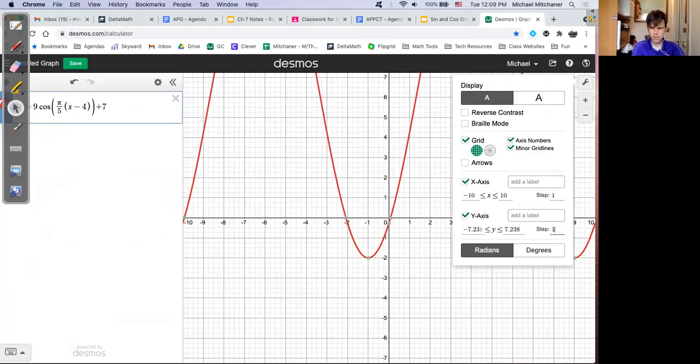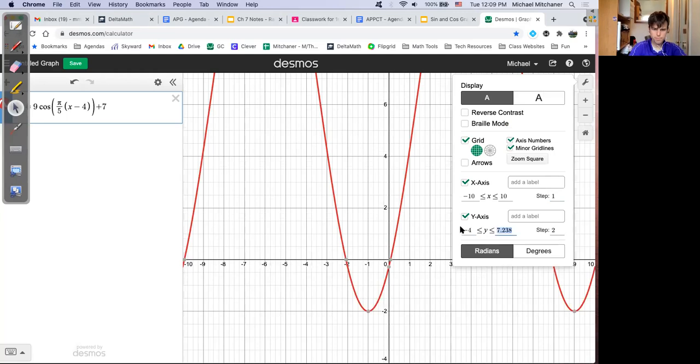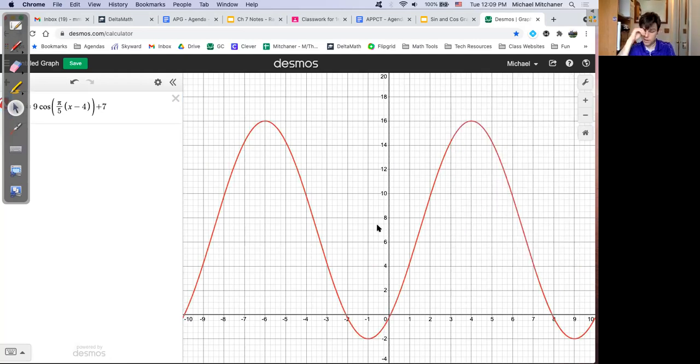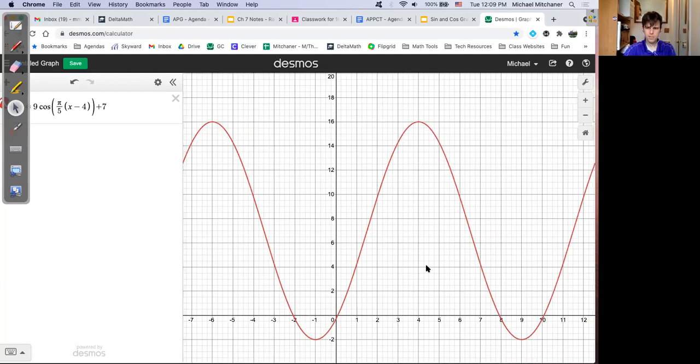I'm going to count by ones on one axis, count by 2 on the other, and go from, I don't know, -4 to 20. I want to make sure it's in radians. It does default to radians, but if you change it for some reason, make sure it's there. You could zoom out until you get there, but it's useful to look at it.